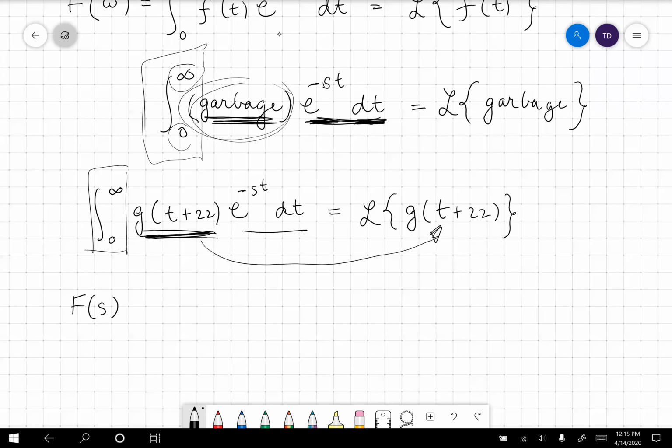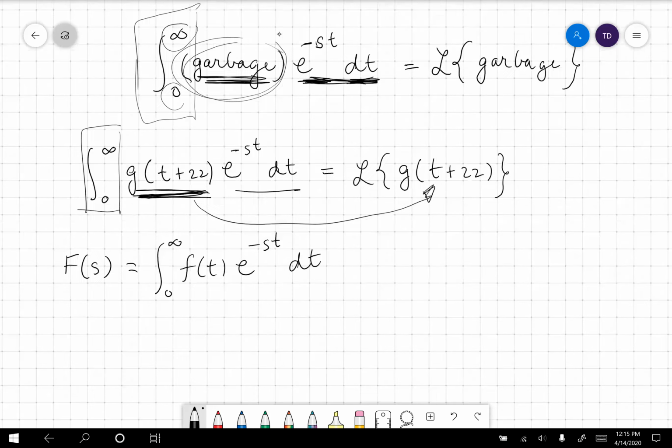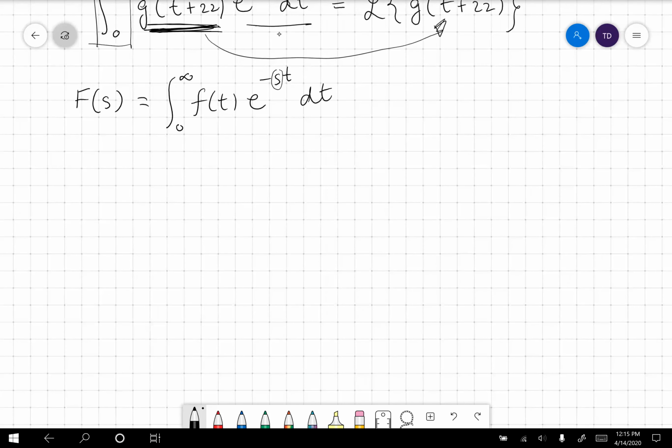At the same time, going back to the F of s part, we said F of s was equal to the integral from 0 to infinity of f of t e to the minus st dt. I'm going to remind you, there's an s, and that s corresponds to that s. So I can also change that.